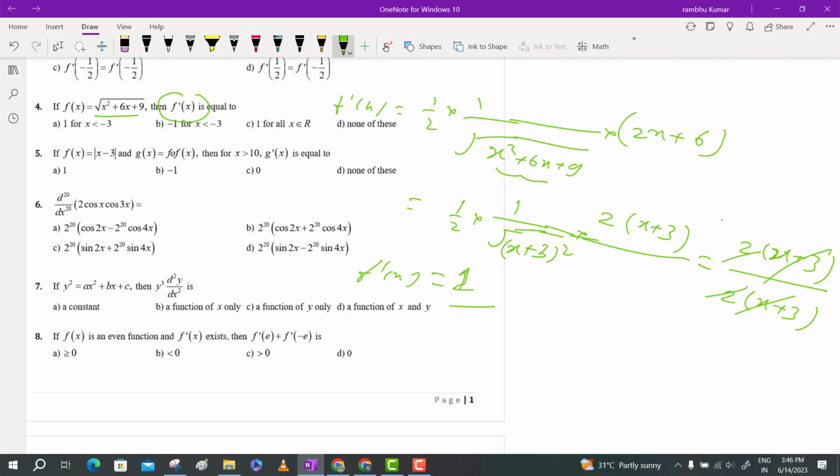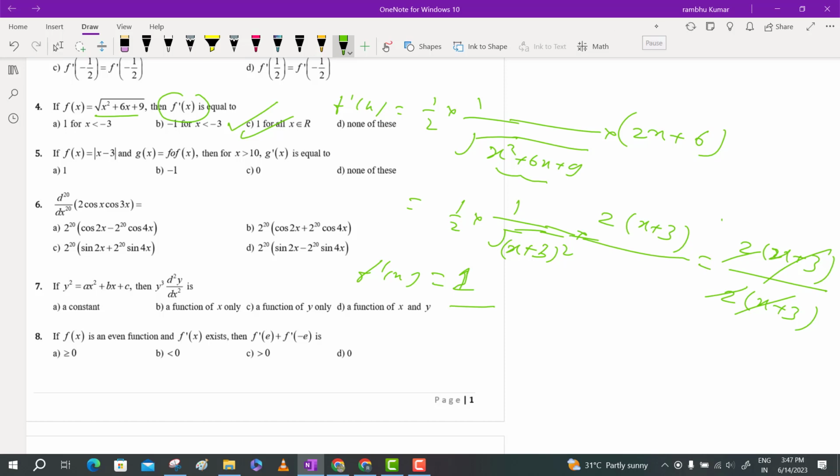Which means if you put any value of x, this will always give you 1. So out of all options, option C, if you see, it's given 1 for all x belongs to R, which is correct. So option C is the correct one. Which option? Option C. Okay.